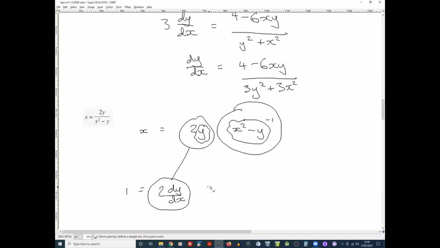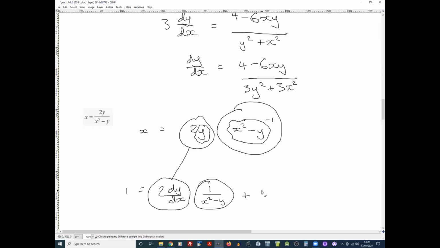So 2 dy dx times what? Times minus x squared minus y to the minus 1. But this is a product rule, isn't it? So leave this one alone.